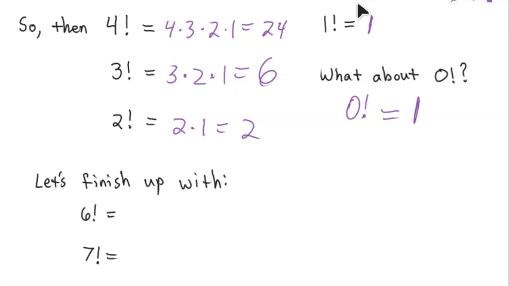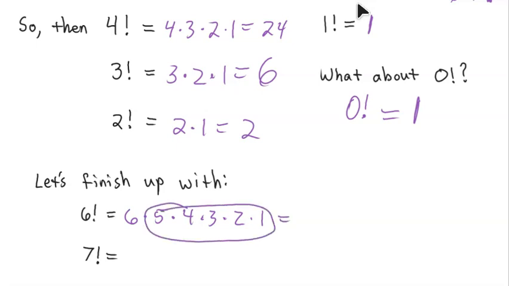And now we'll finish up with 6 factorial and 7 factorial. Maybe we'll use the calculator for this one, okay? 6 factorial is going to be 6 times 5 times 4 times 3 times 2 times 1, right? Now, we already know that 5 times 4 times 3 times 2 times 1 is 120, because we did it before. So really, 6 factorial is just 120 times 6.